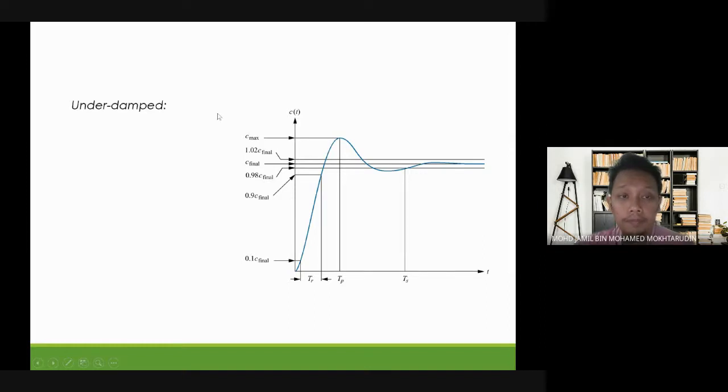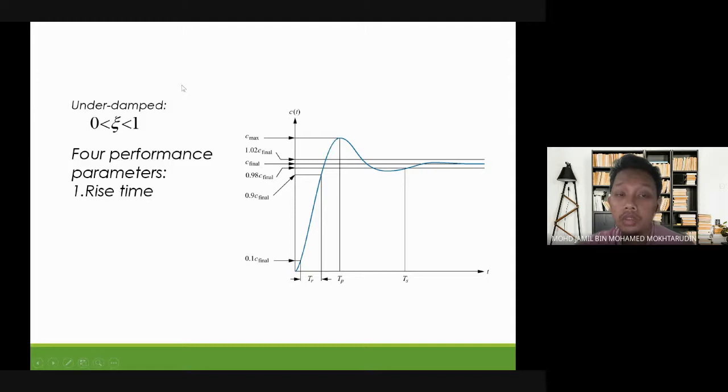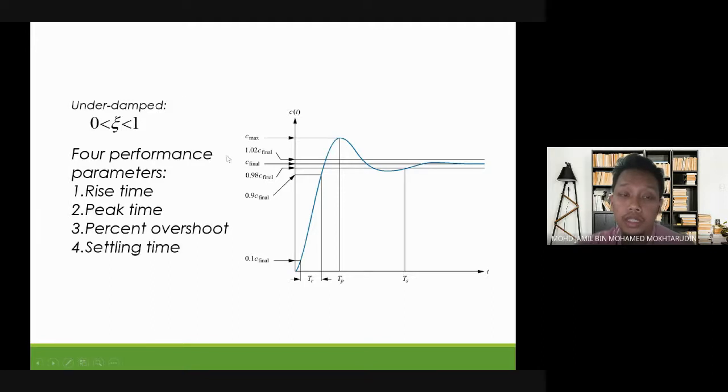For underdamped, you must have the damping ratio between 0 and 1. So there are 4 performance parameters for second order system underdamped. First one is rise time, second is peak time, third is percent overshoot, and lastly settling time.